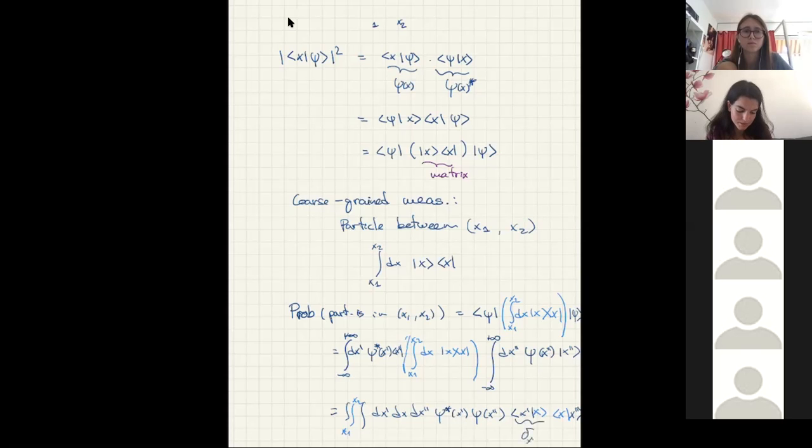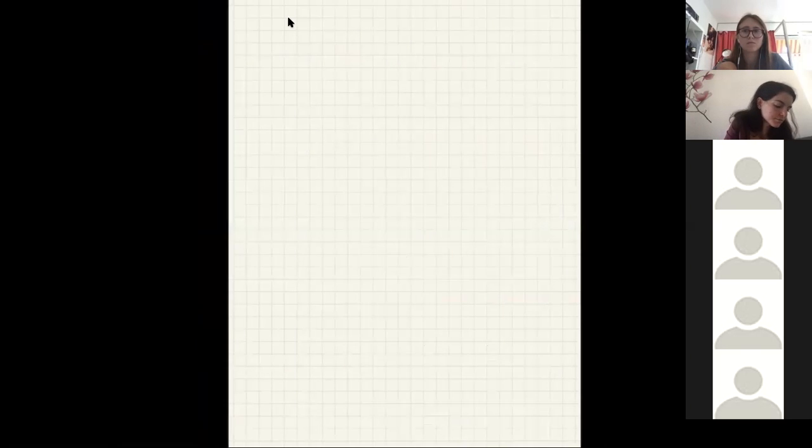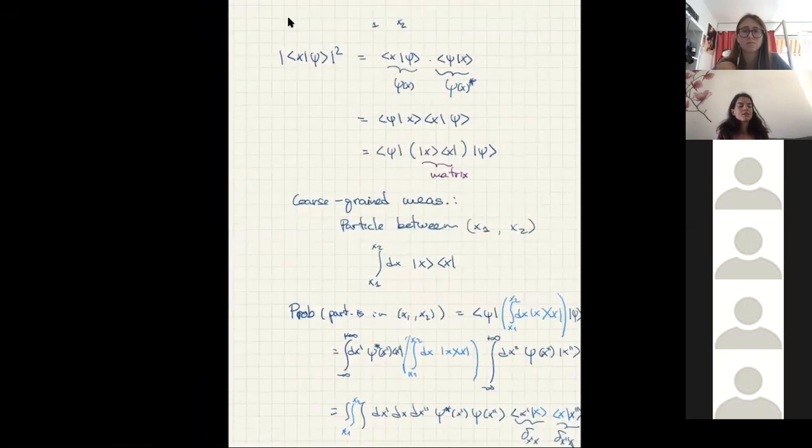This is delta of x' minus x, and this is delta of x'' minus x. So only these terms survive, and we get the integral from x1 to x2 of dx of |psi of x|², because the other two integrals go away, and only this survives.